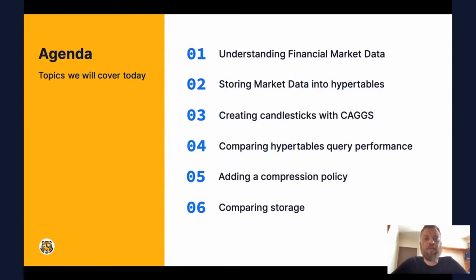We are going to show what financial market data is, how we can store it in hypertables, and then how we can create aggregated data like candlesticks. Then we can start comparing query performance, regular non-hypertables with hypertables, and also with continuous aggregates.